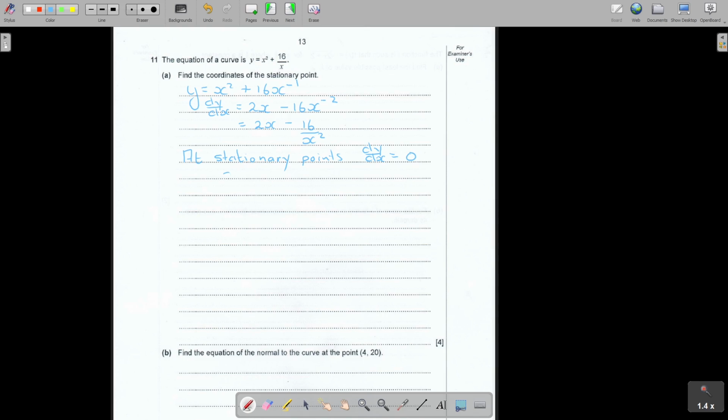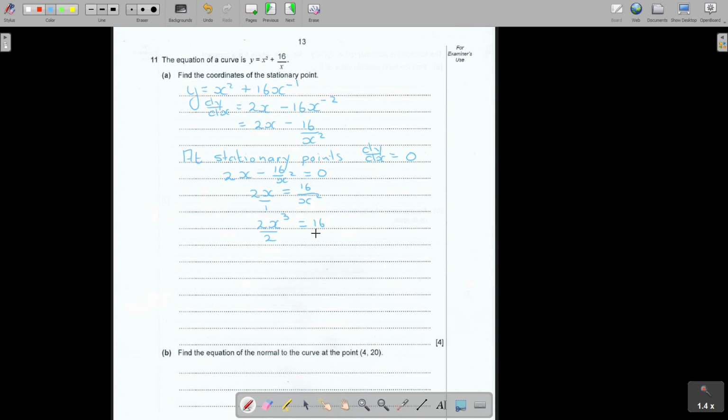So I'm going to say 2x minus 16 over x squared equals 0. And I take it over, so 2x equals 16 over x squared. And I multiply across. So it's 2x to the power 3 is equal to 16.